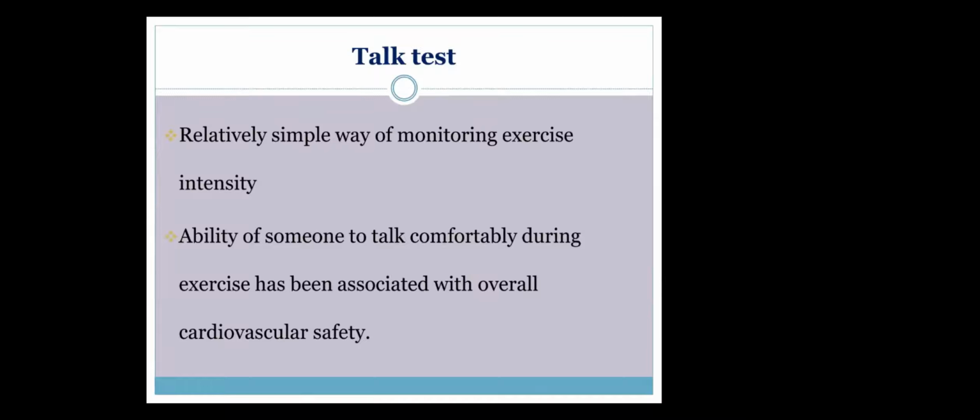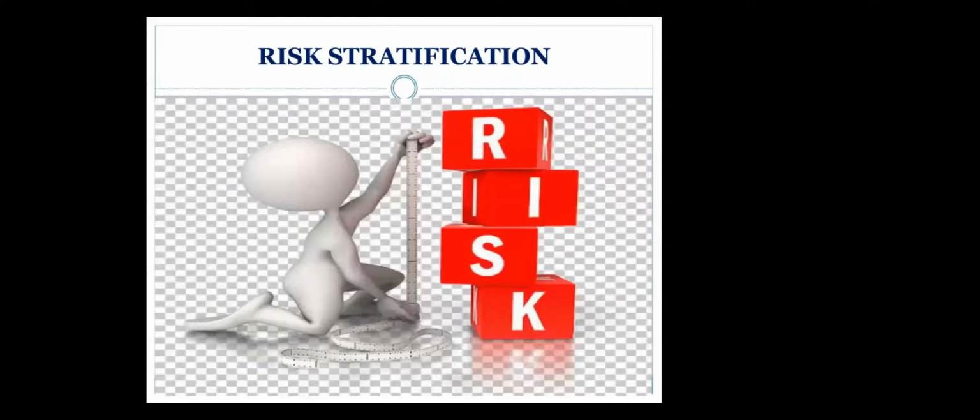So suppose you are giving a home program to a patient who cannot make it for supervised sessions in phase 2 or phase 3, then you can go in for the talk test, wherein you explain to the patient that whenever you are exercising, the intensity should be such that you are able to converse comfortably. Again, the most reliable parameters will be VO2 max and HR max. If those are not available, then RPE and the talk test are of the least significance.